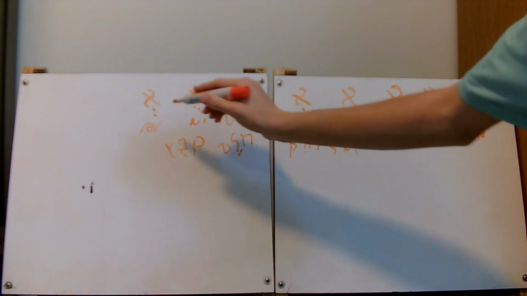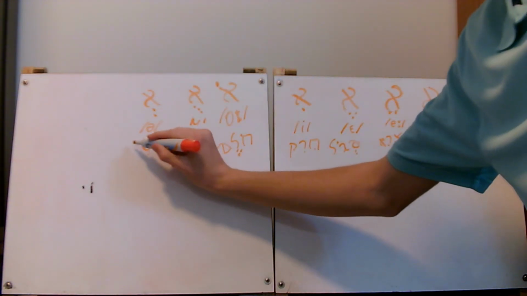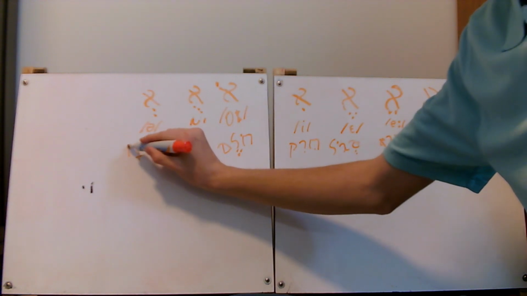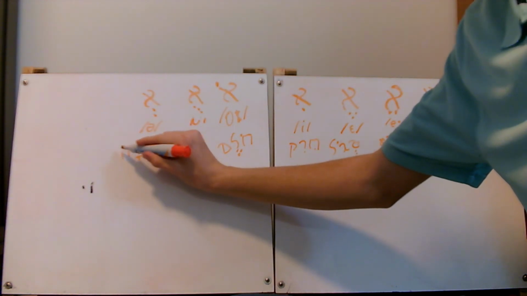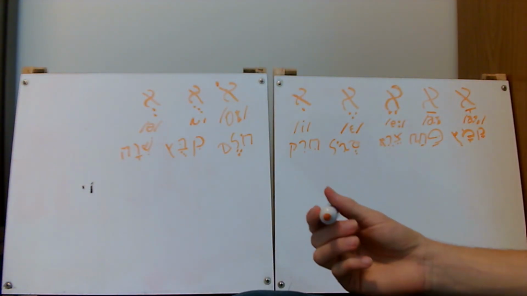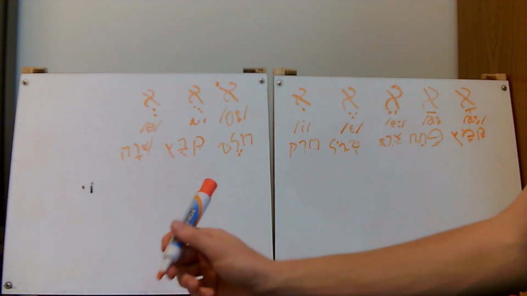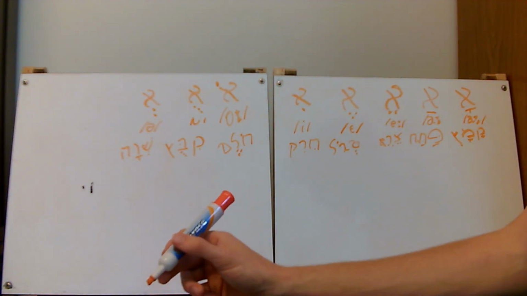And obviously it makes the schwa sound. It's pretty easy and simple. So this is all of the main Niqqud, all the main vowel points.